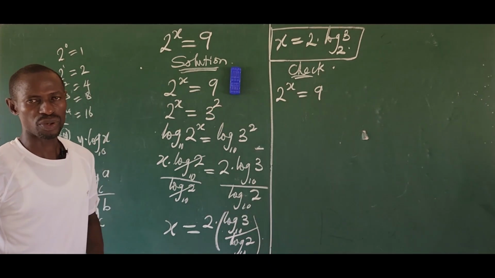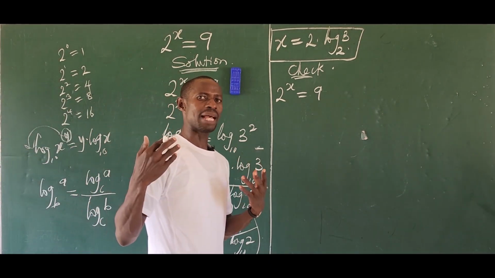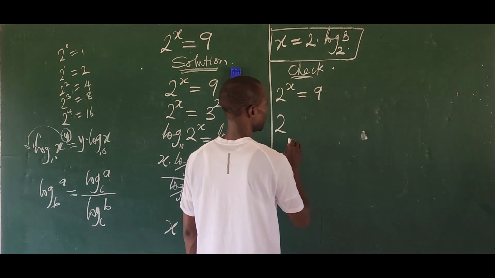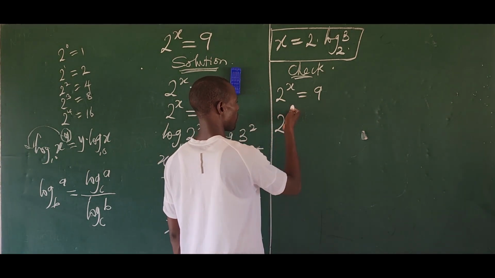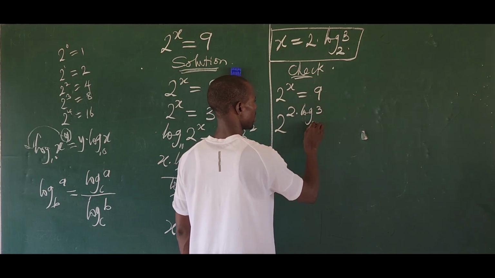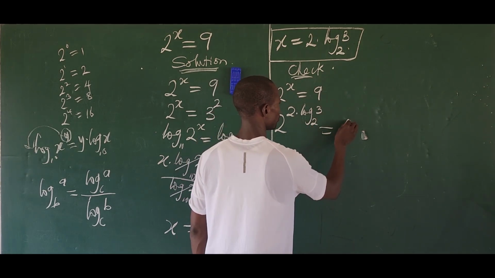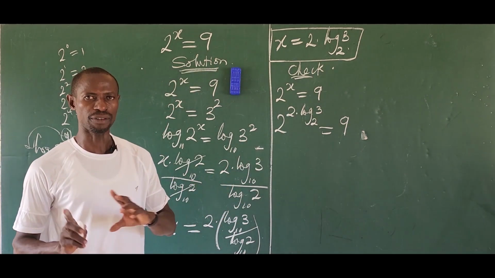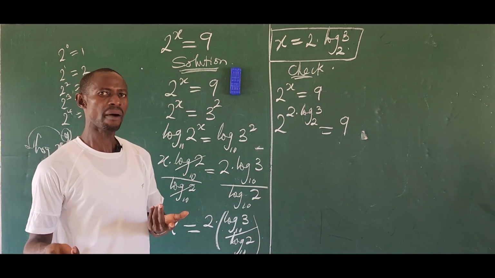So whenever we see x, we want to put in 2 times log 3 base 2. And so this is going to give us 2 raised to the power of 2 times log 3 base 2 equal to 9. We apply another law of logarithm, which is what we call the power law of logarithm.